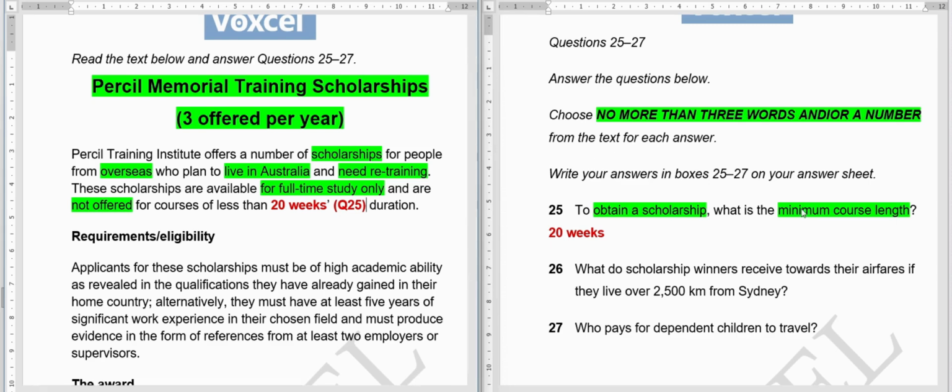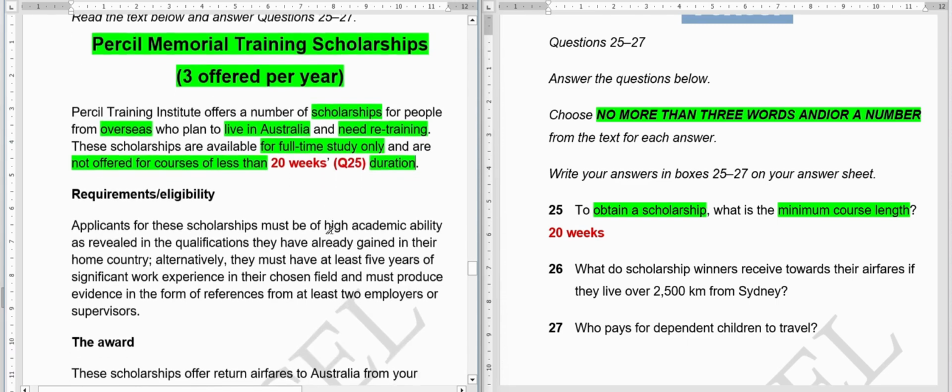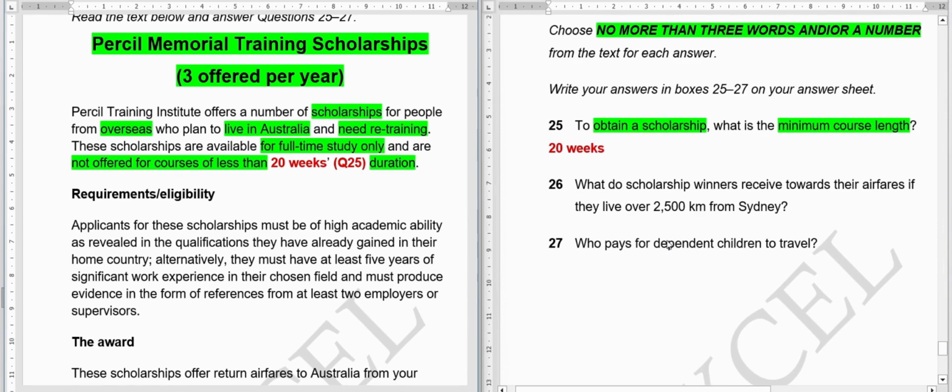Where is minimum course length written? Yes, not for, not less than. Sorry about this. Not offered for courses less than 20 weeks duration. So if your course is less than 20 weeks, the scholarship will not be offered. So basically a minimum of 20 weeks should be there in your course. Clear?